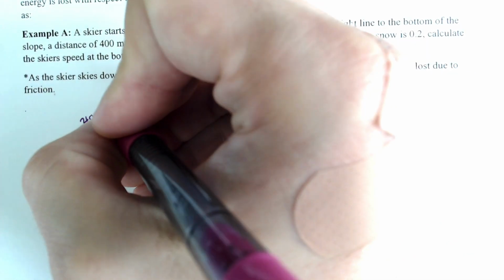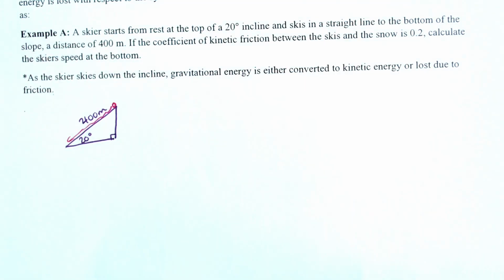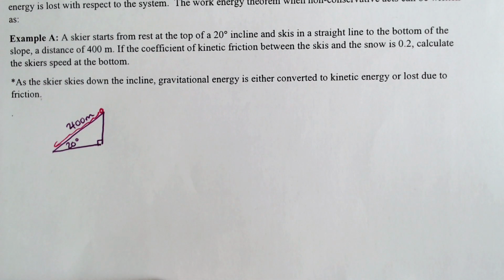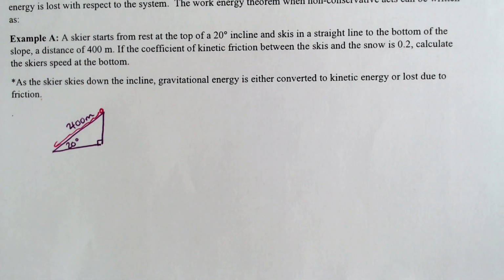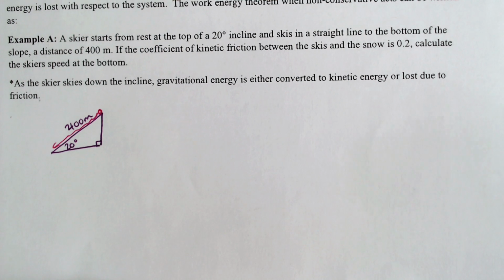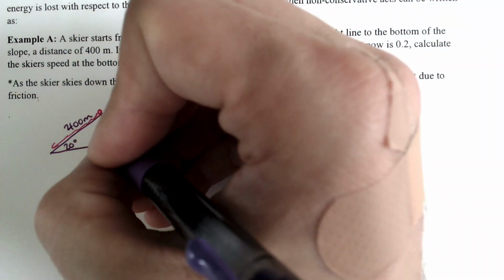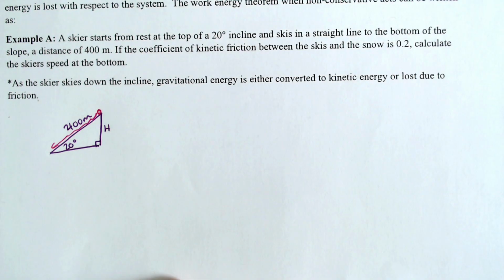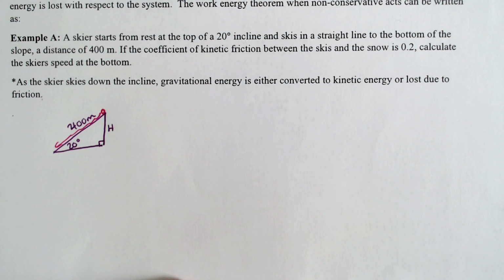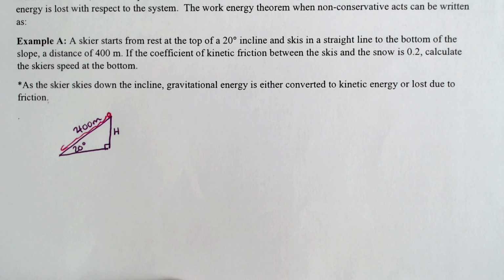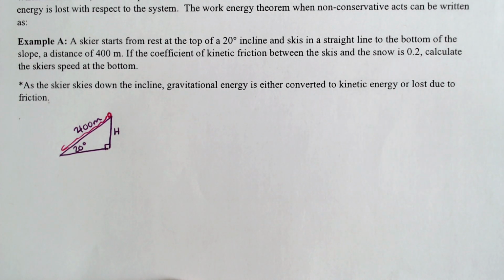They're starting up here and they are going down the slope. So if they're going down the slope, we want to know the actual speed at the bottom. So we need to figure out a few things here. We need to first figure out the height of this, because that will influence our initial gravitational potential energy. We will also need to figure out the coefficient of friction and how that's going to impact it.